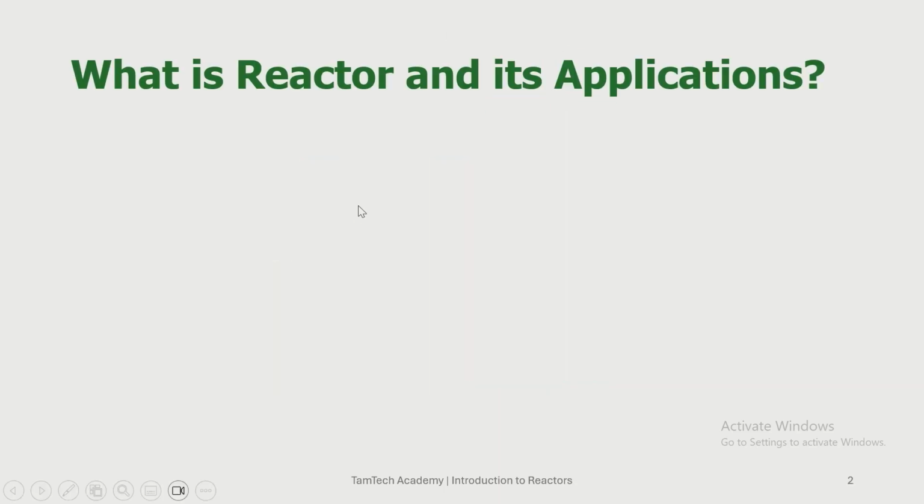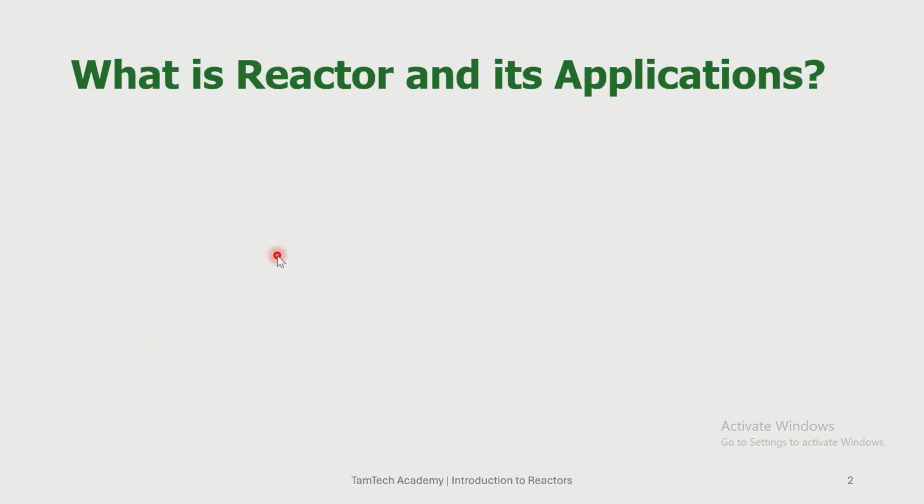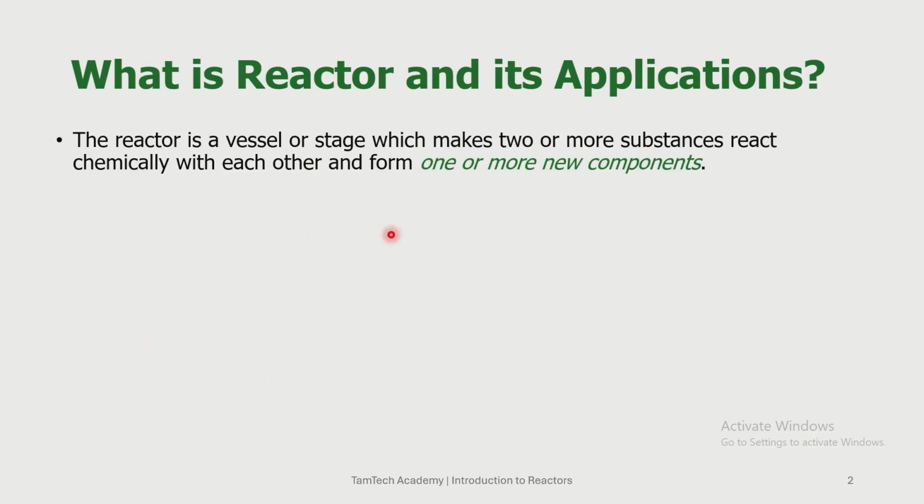So the definition of the reactor and its typical applications. First of all, a reactor is a vessel or just a stage which makes two or more substances react chemically with each other and form one or more new components.